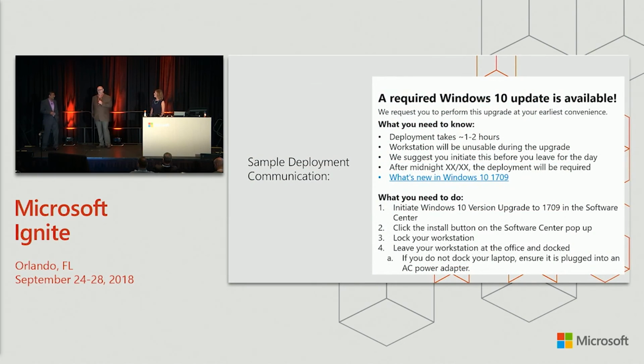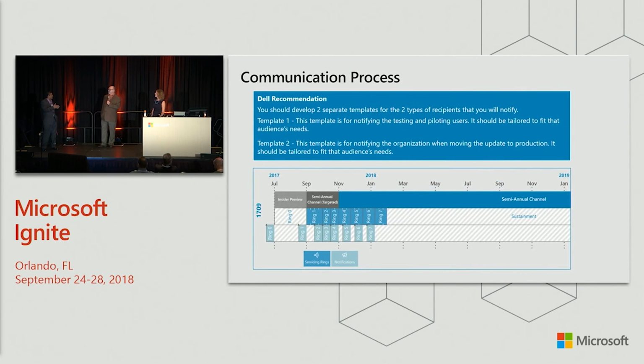So when you compare and contrast your XP to Windows 7 migration versus your Windows 10 migration, Scott, are you seeing a tangible level of end user satisfaction using such communication norms?